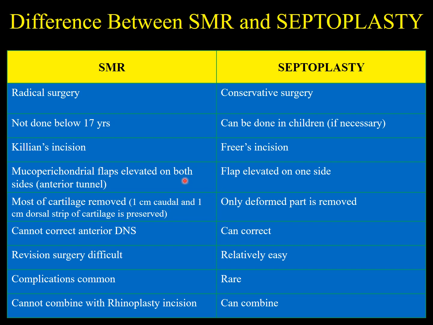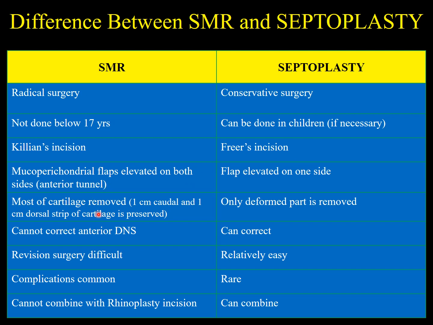So, broadly, we just say that the anterior tunnel or the mucoperichondrial flap is elevated on both sides in SMR and only one side in septoplasty. However, the mucoperiosteal flap, which is the inferior tunnel, is made on both sides in both cases.